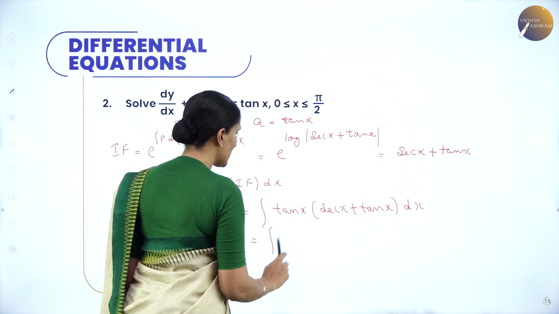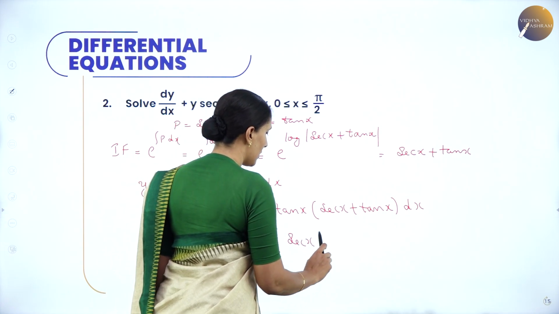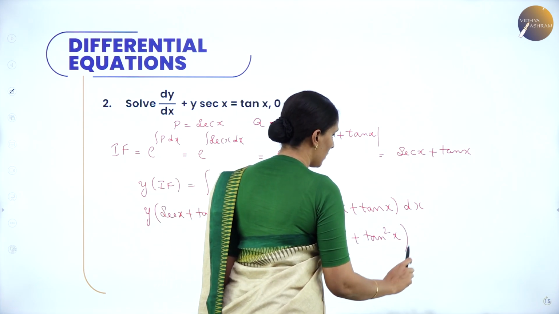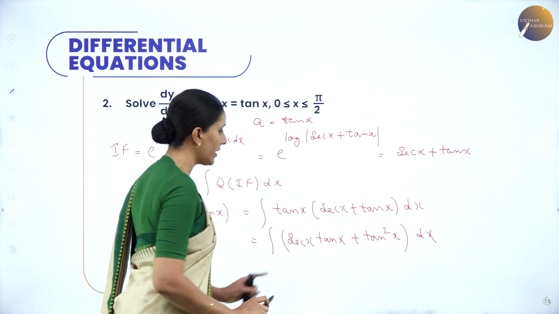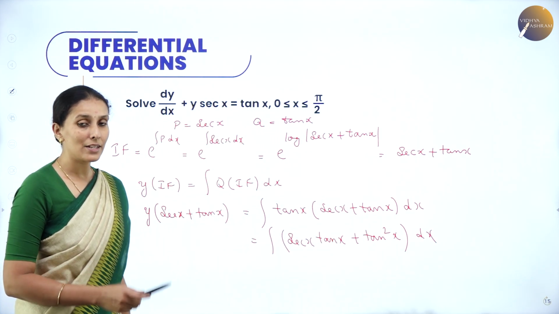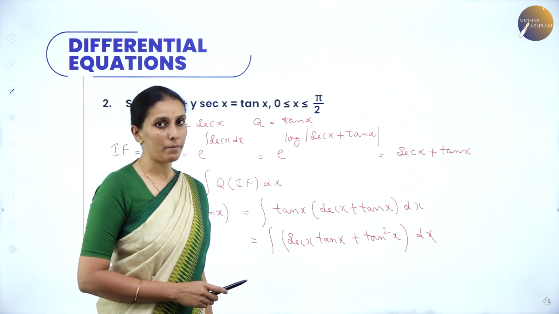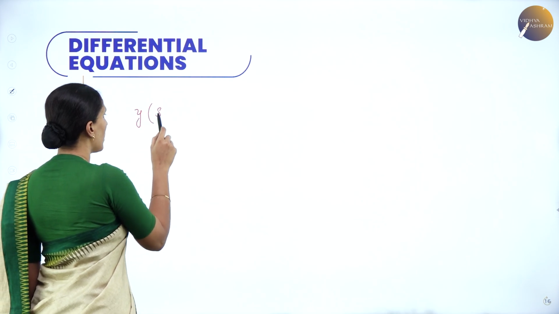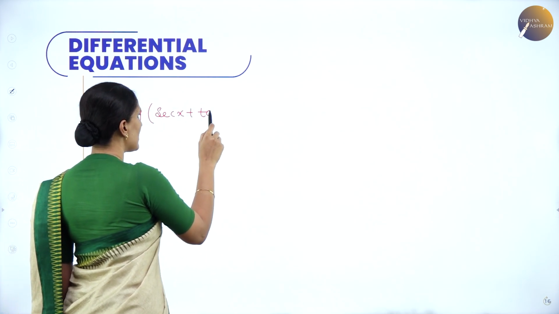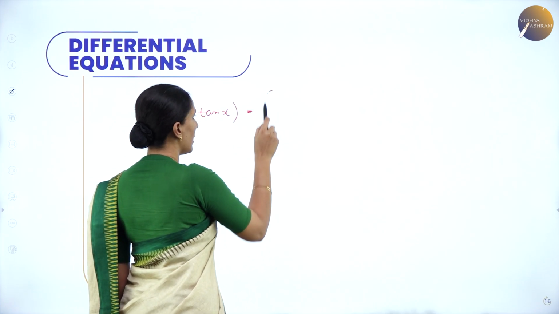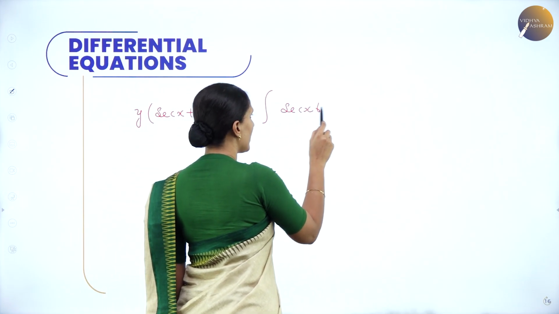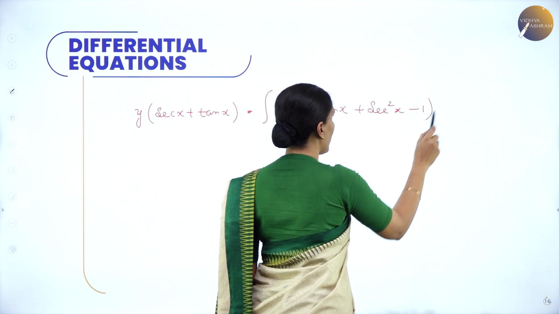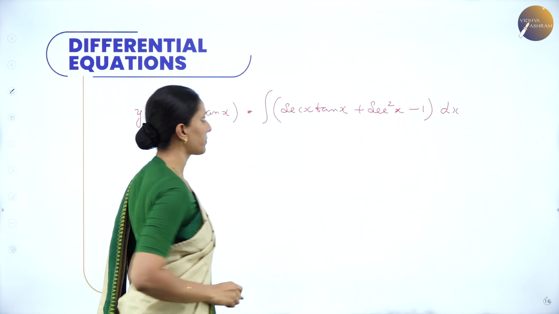So if we solve here, this is secant x tan x plus tan square x dx. Now we do not have any standard integral for tan square x, but tan square using trigonometric identity can be written as secant square minus 1. So the equation becomes y secant x plus tan x equals integral of secant x tan x plus secant square x minus 1 with respect to dx.